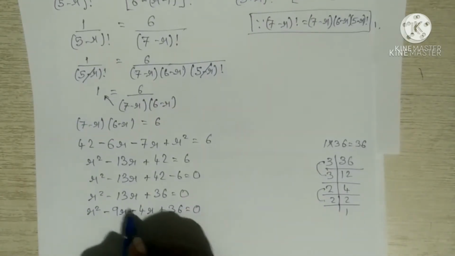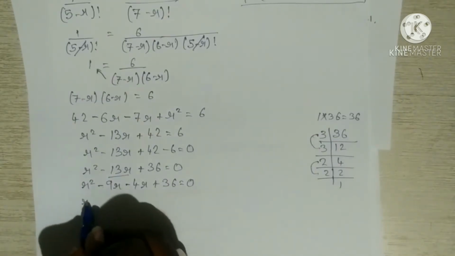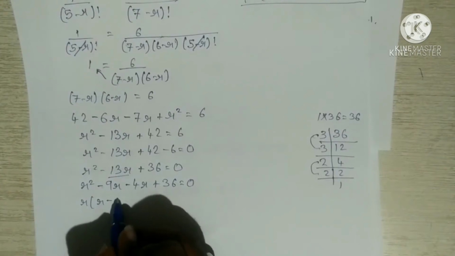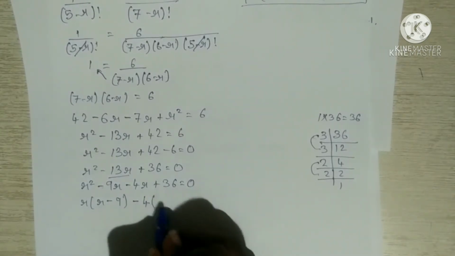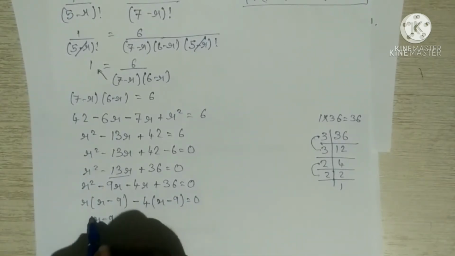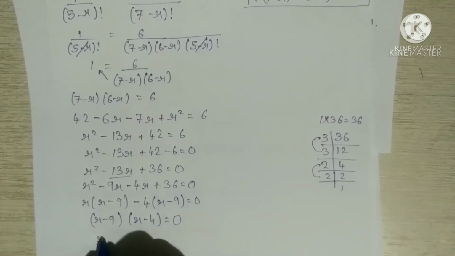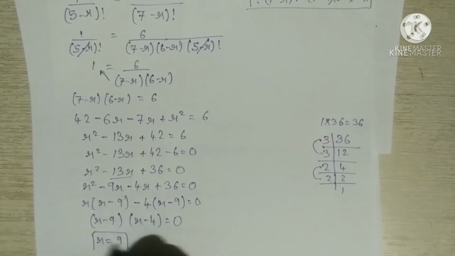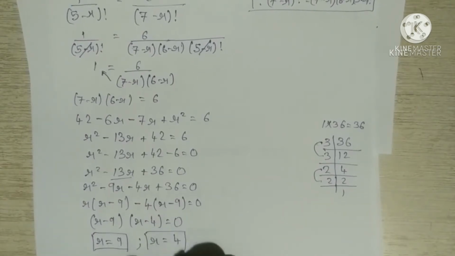Minus 9 minus 4 is nothing but minus 13. Splitting the middle term. Take r common, r(r minus 9) minus, take 4 common, 4(r minus 9) is equal to 0. (r minus 9)(r minus 4) is equal to 0. r is equal to plus 9, r is equal to plus 4.